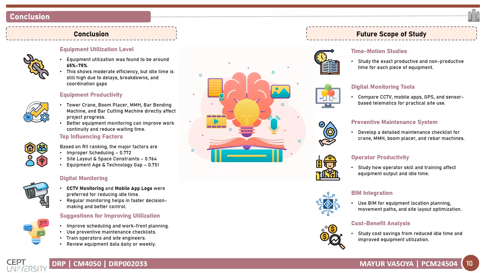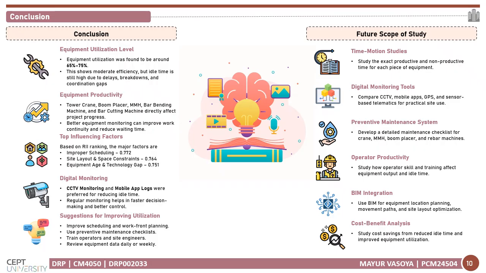The future scope of the study includes a detailed time and motion study for each equipment. Such a study can identify exact productive and non-productive time. A cost-benefit analysis can also be done to compare CCTV, mobile apps, GPS, and sensor-based telematics.